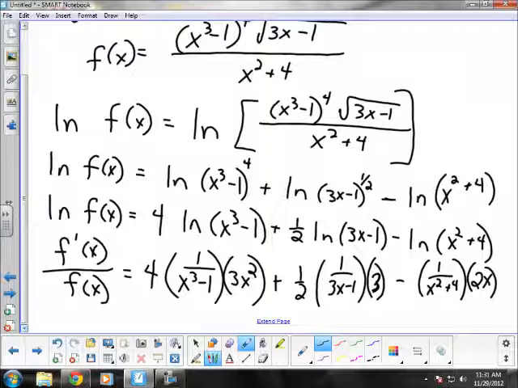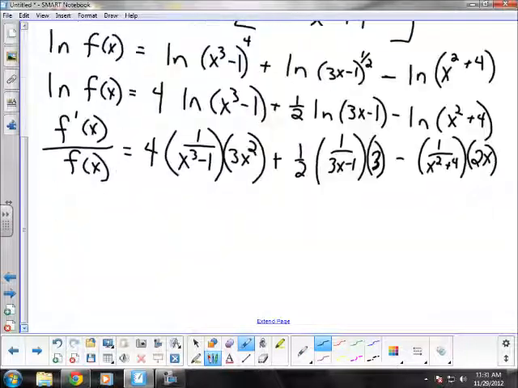Now, of course, we are going to want to simplify that a little bit.